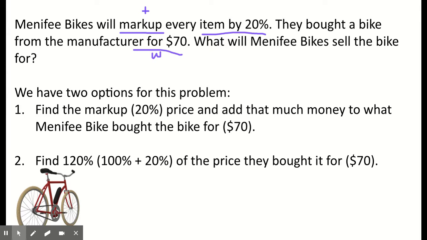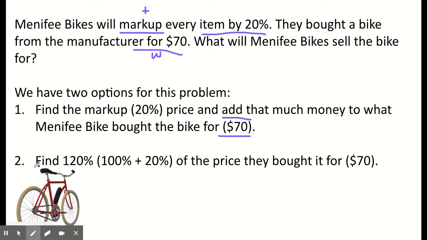All right, so there's a couple ways that we can go about solving this problem. The first one would be to find the markup price. So find out what 20% is, and then add it to the original cost, 70. So if we find out that the markup 20% is equal to, I don't know, $7, I'm not sure yet, then we would add that to 70.